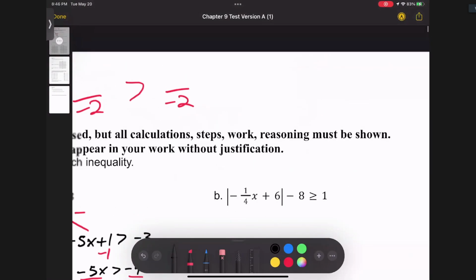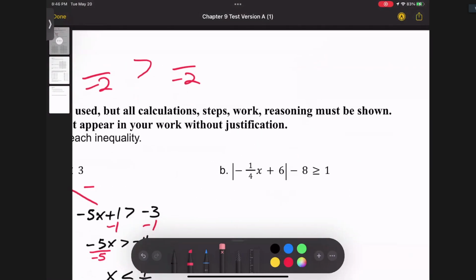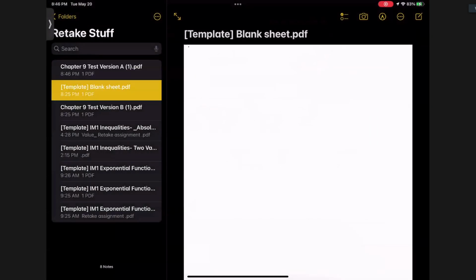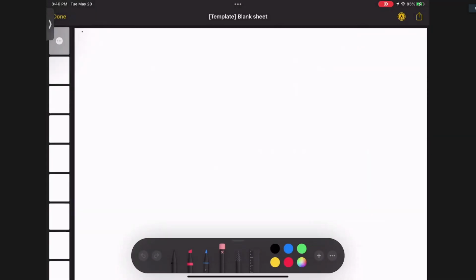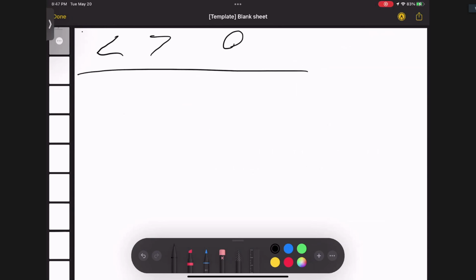Now, I'm going to write down some notes on this blank sheet. When you have an inequality like these ones, they are going to be an open circle. There is no line underneath, just an open circle.